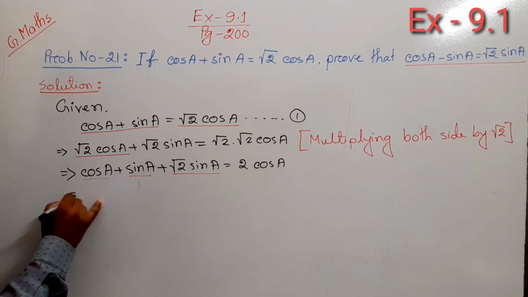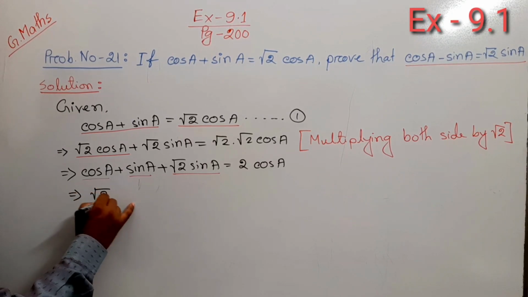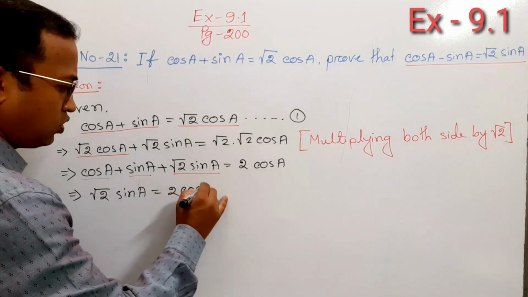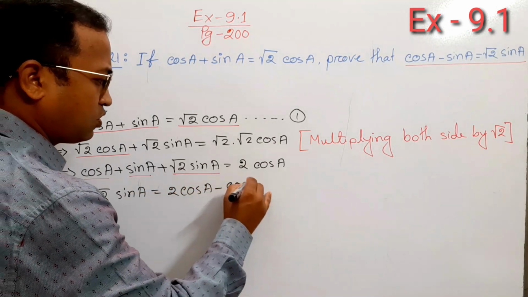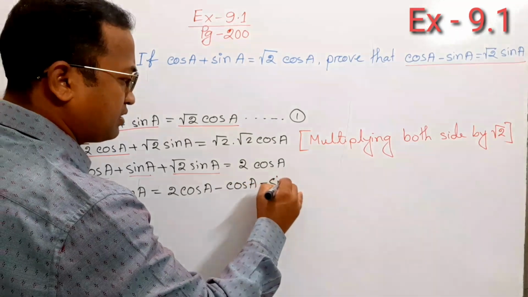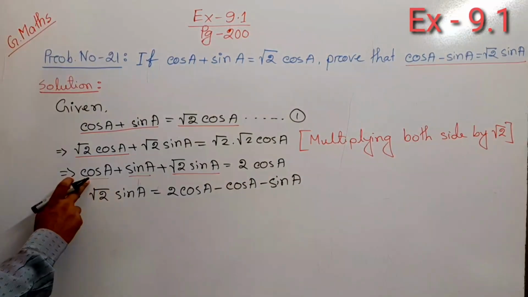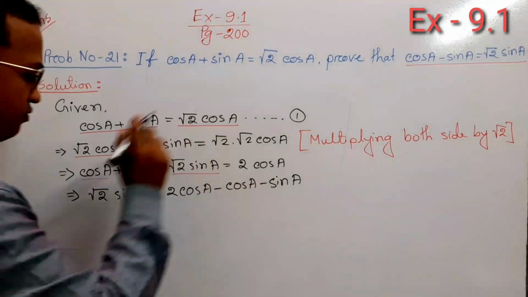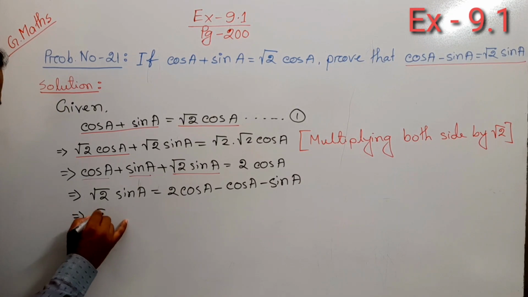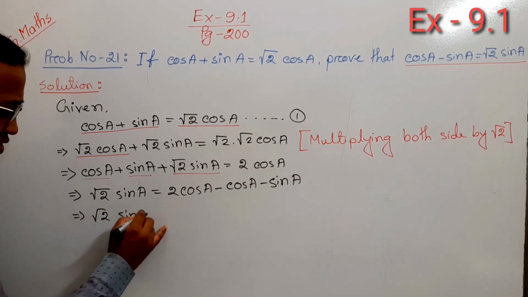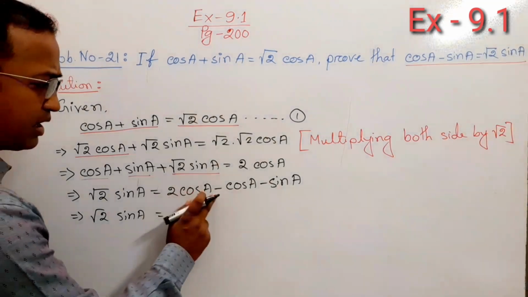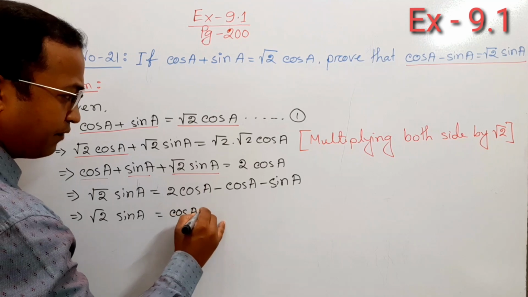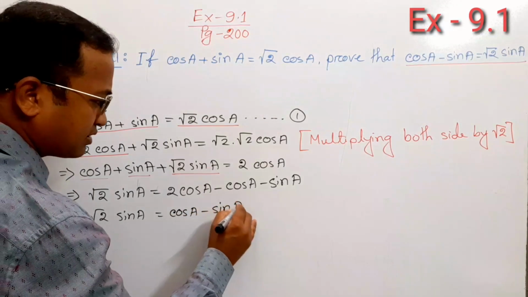So it becomes root 2 sin A equal to 2 cos A minus cos A minus sin A. Cos A was plus, it becomes minus. Sin A was plus, it becomes minus. Now, root 2 sin A equal to 2 cos A minus cos A, it becomes cos A minus sin A.